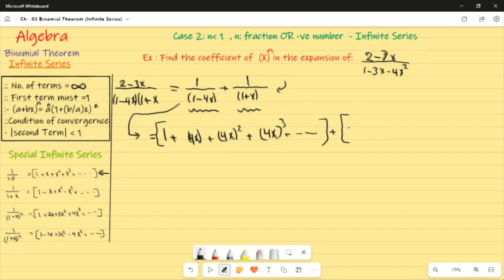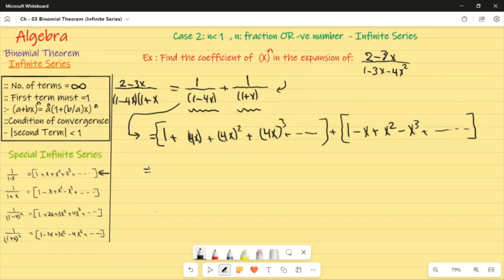Just try it: the expansion of this is 1 minus x plus x squared minus x cubed plus and so on. By adding this expansion to this, we can find the final expansion of these binomial expressions.